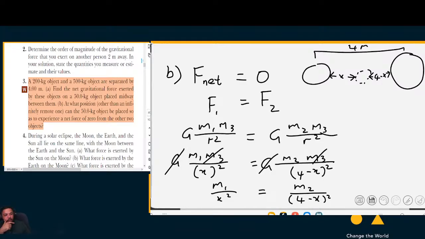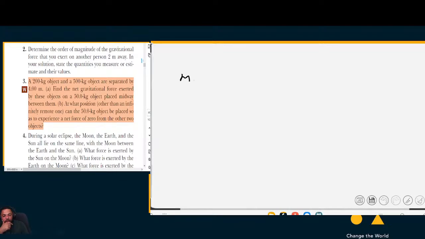Let's simplify this even a bit further. It is going to be M1, which is the 200 kilograms, over just x squared, and this one is M2 over 16 minus 8x, if I'm not mistaken, plus x squared.